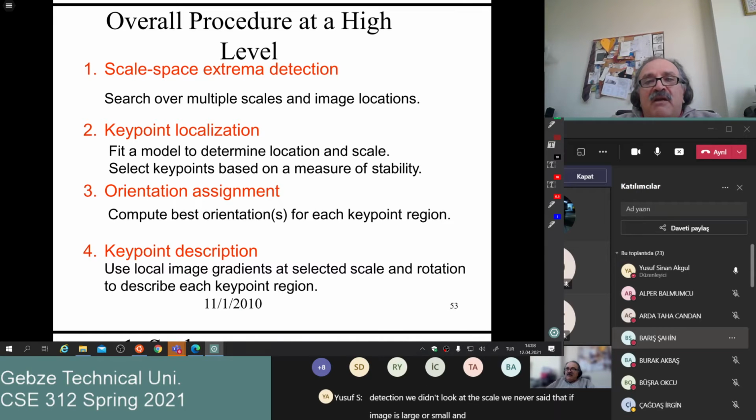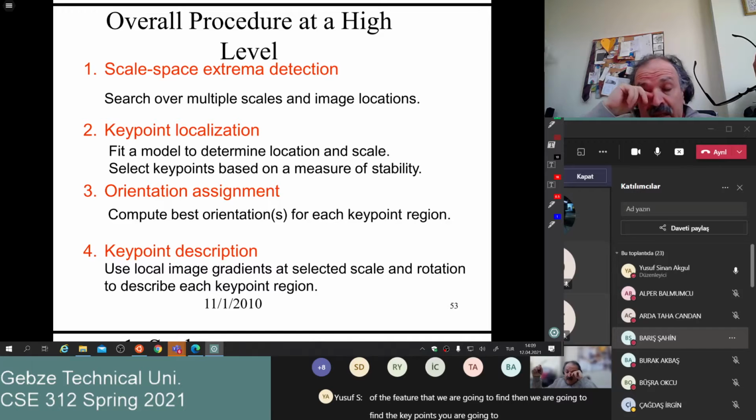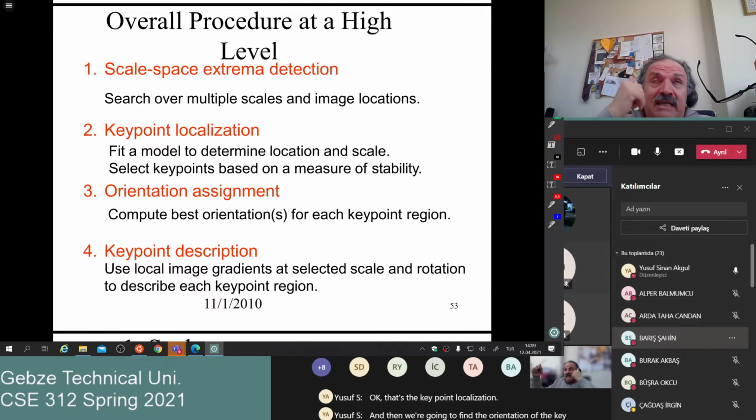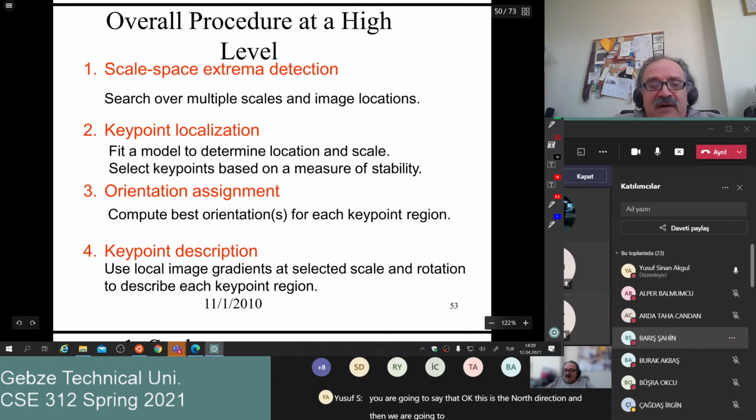Now we are going to make a search in the scale space, and we are going to find the scale of the feature that we are going to find. Then we are going to find the key points. We are going to say that this is my corner or this is my specialized point. That's the key point localization. And then we are going to find the orientation of the key point. We are going to say that this is the north direction. And then we are going to produce that 128 dimensional vector.